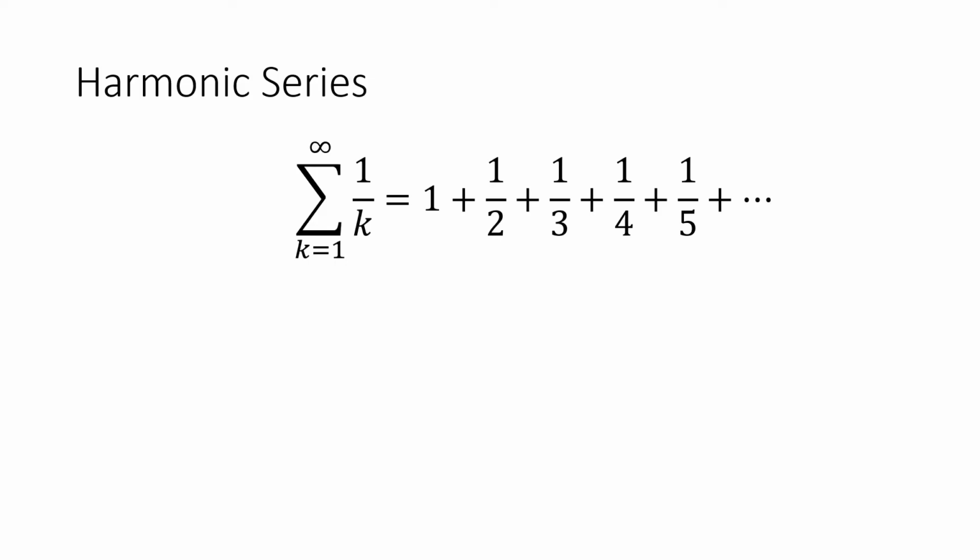If the first partial sum is one, then the sum of the first two terms is equal to one and one half, one plus one half, and the third is one plus one half plus one third, and so on.